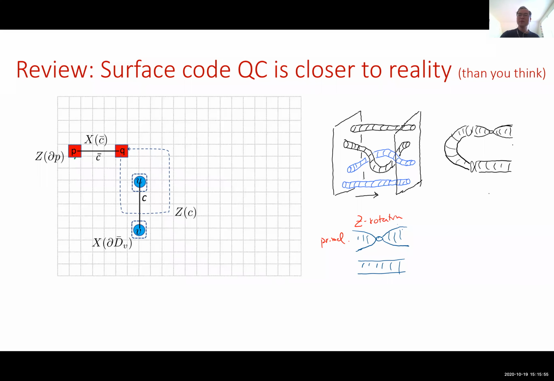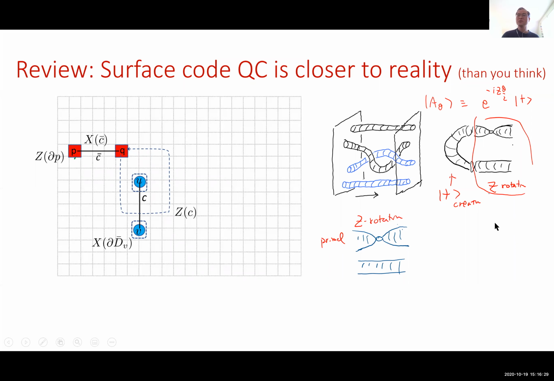So here we combine the Z rotation, right? Z rotation is this part. And this part is X rotation. So basically, we have a Z rotation on a plus state. So this would give you a phase state, right? So that's a noisy phase state.